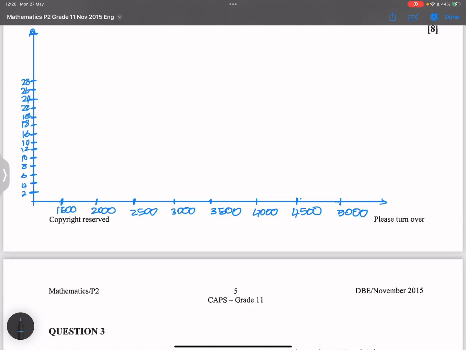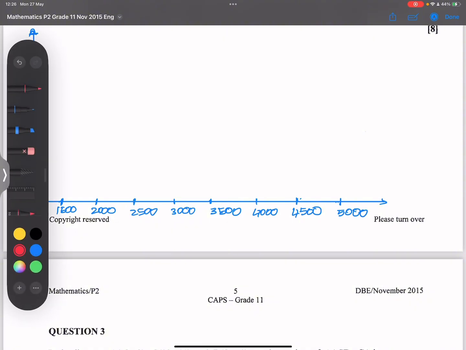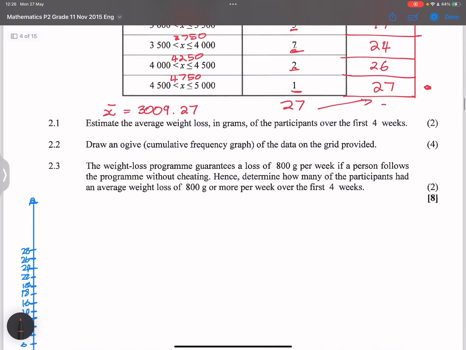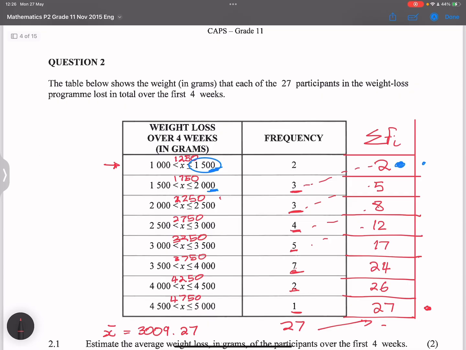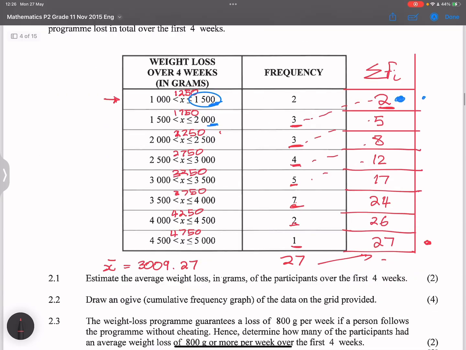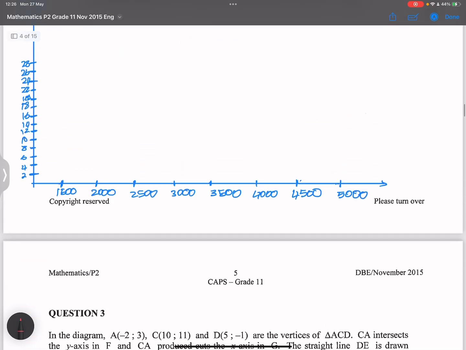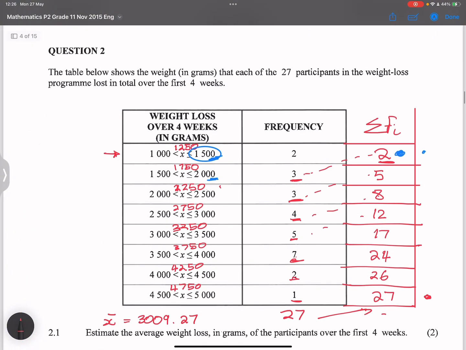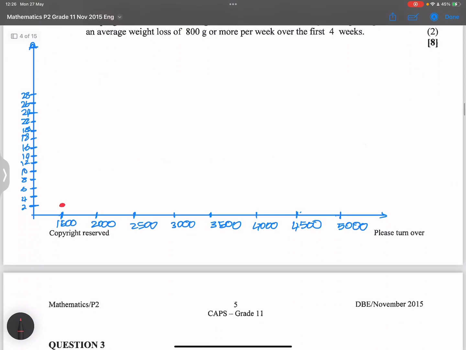All right, now let's start with our very first one. At 1,500, the first value that I have is 2. So at 1,500, the value I have is 2 over there. And then at 2,000, the value is 5, so at 2,000 my value there would be 5.